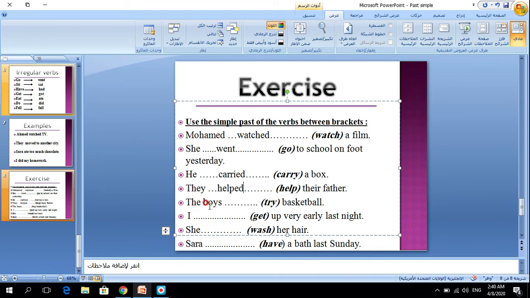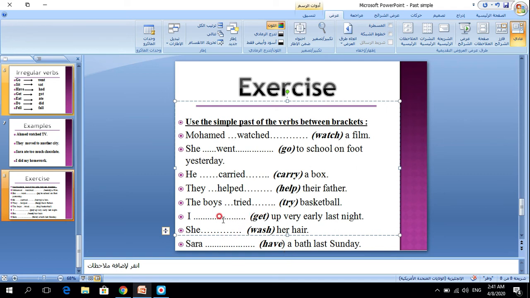The next example, the boys basketball. The verb try is a regular verb. When we change it into past, it becomes tried because it ends in y before a consonant. The next one, I up very early last night.